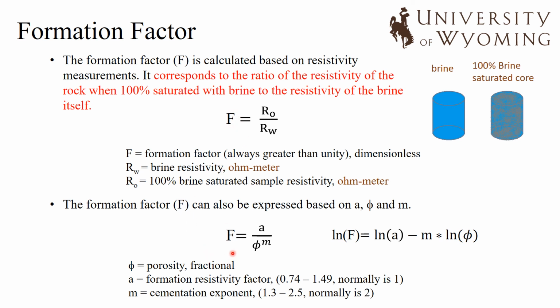This F can also be represented as a divided by phi to the power m, where phi is the porosity of your formation, and a and m are just constants related to the formation you are drilling or are interested in evaluating the hydrocarbon percentage in. So we have two equations for that F. And in the next slide, we will show the Archie equation and how to use F or Rw in it.